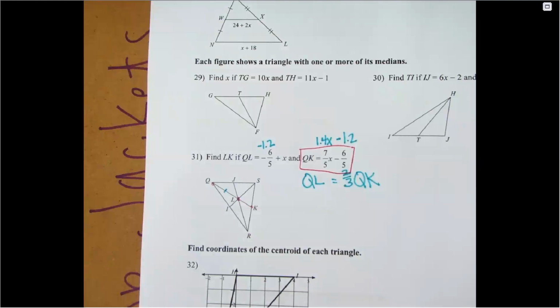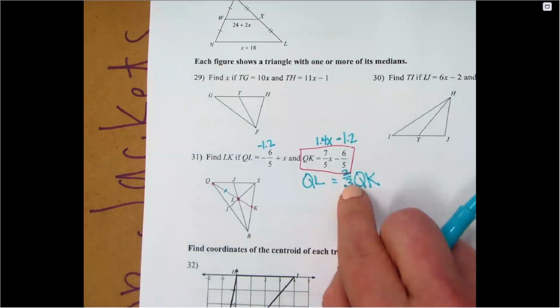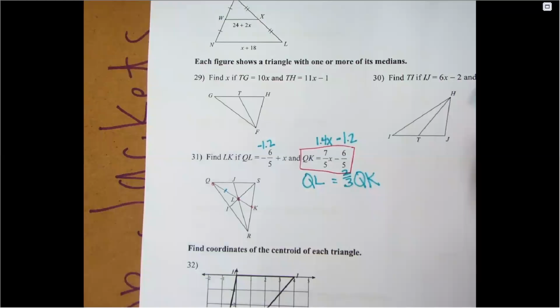Now with 2/3, that's going to be a repeater, like 0.6 repeating. So for the purpose of taking a test that's multiple choice, you could round that, but I would probably make it 0.67 or 0.667. Give yourself some extra space.